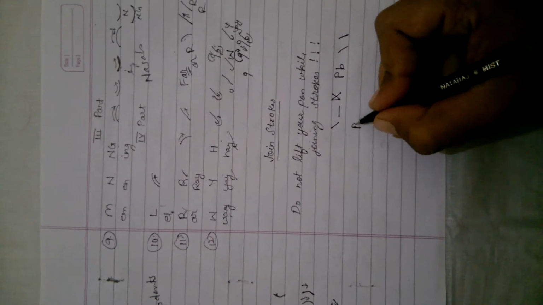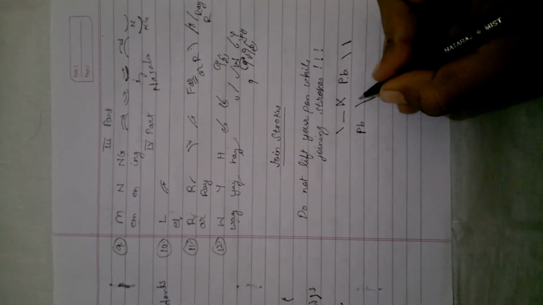P is written in this form and B is written in a dark form. So to write PB, we should not lift our pen until we finish both the letters. First one is P and the other one is B. This is thin and this is thick.